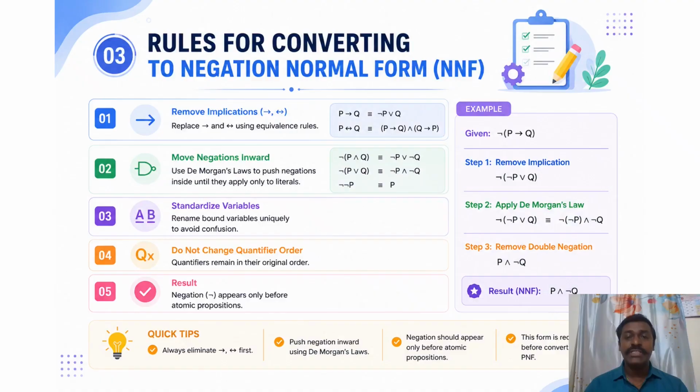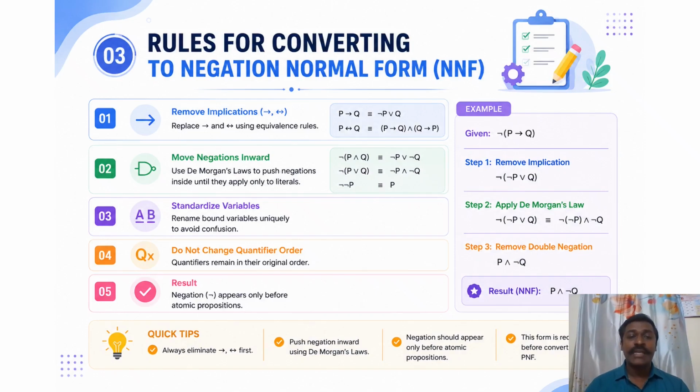Suppose the negation is for both P and Q, as in negation of (P and Q), then it can be written as negation P or negation Q. If it is with OR, negation of (P or Q), then we can write negation P and negation Q. If there is a double negation before any literal, then we can just write P instead of negation negation P.